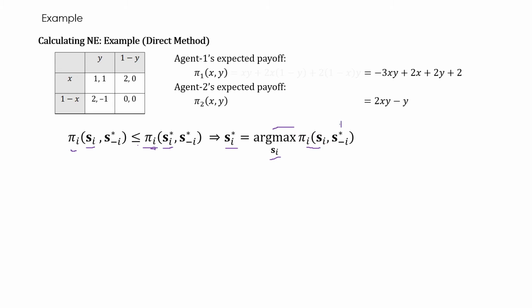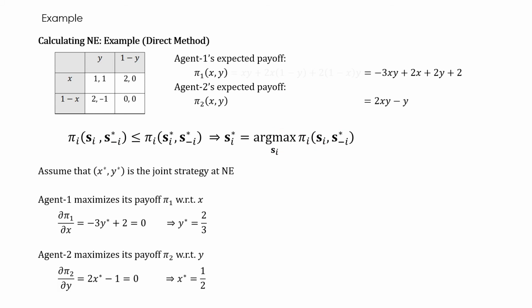Note that this is unilateral. So the strategies of the opponent agents are the same, this S_-i*. So the opponents still play the Nash equilibrium, and each agent tries to adjust its own strategy S_i to maximize its own payoff.